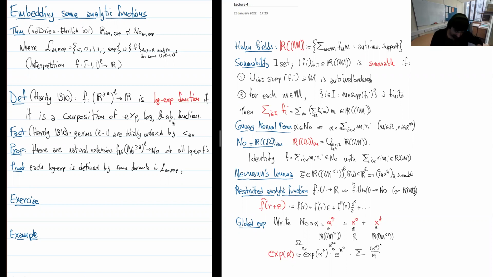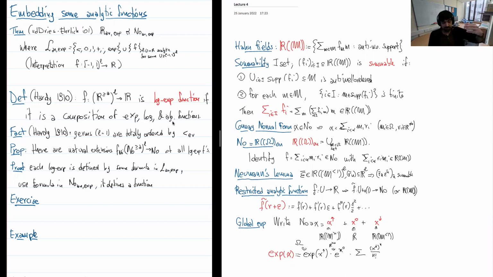So you use the same formula in this larger structure. It defines a function because it's an elementary extension.